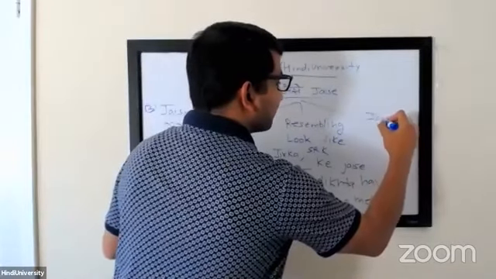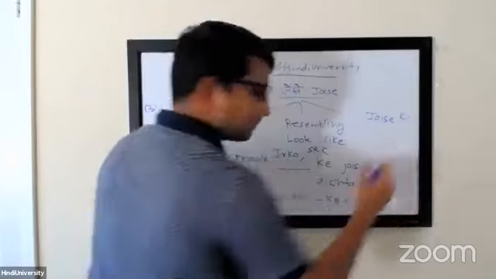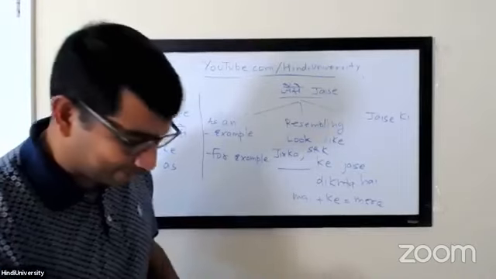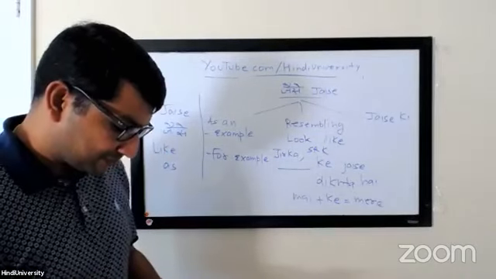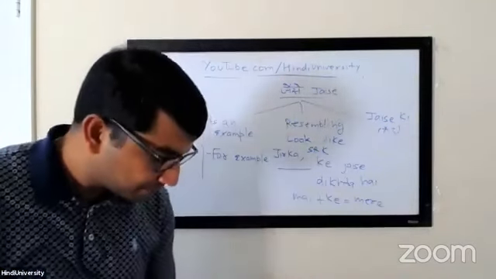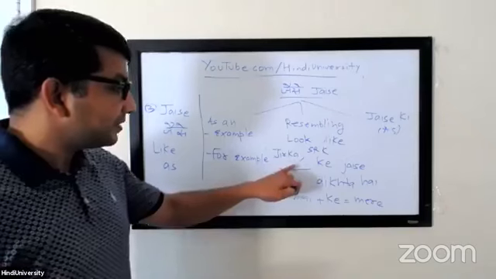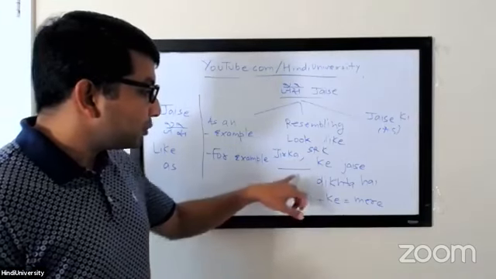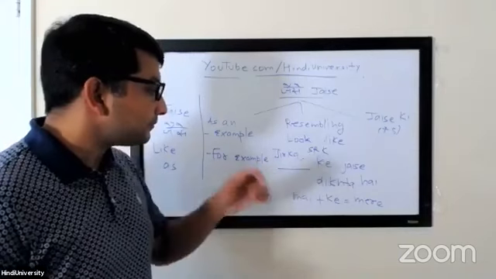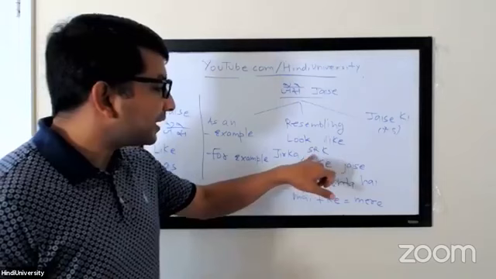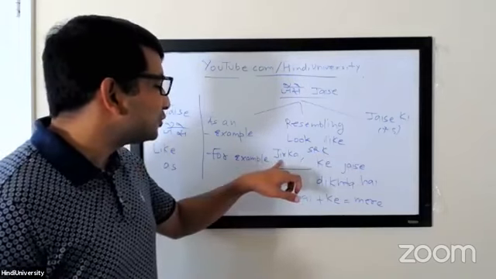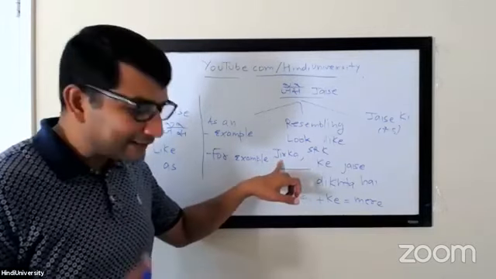Ashu Ji, I have a question. Yeah, go for it. Could you make it negative? Like you say a person does not look like you. Yeah, you can say that, right? You can say ke jaisa. Let's not use your name, let's use somebody else's name here.